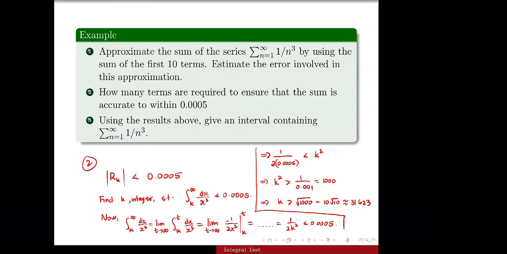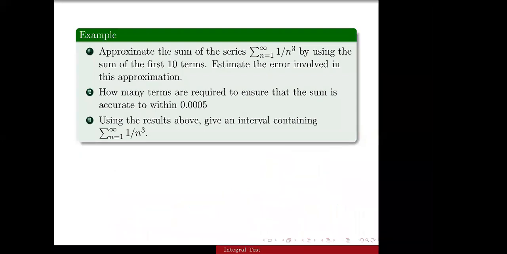Okay? So this means we can take k equals 32.